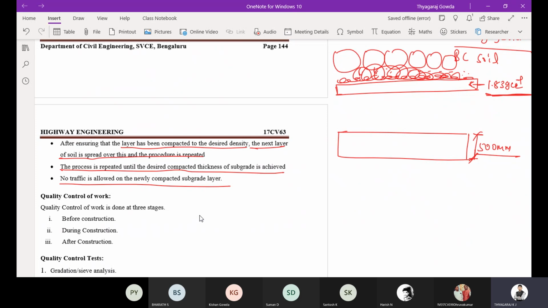After the compaction of the subgrade layer, traffic is not allowed on the subgrade surface. Why? Because if any traffic is allowed, there will be formation of cracks or rutting. That's why traffic is not allowed on the newly constructed subgrade soil.